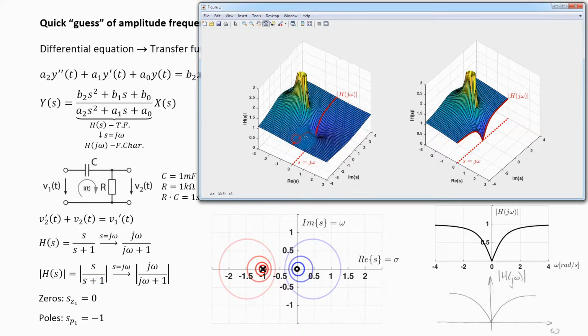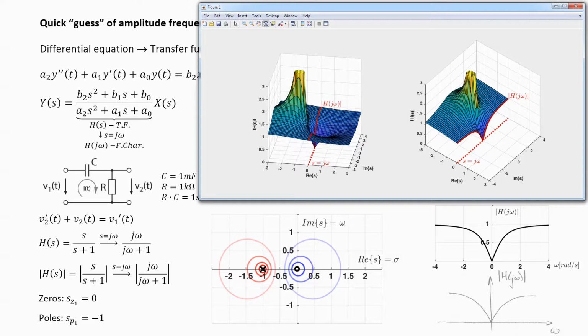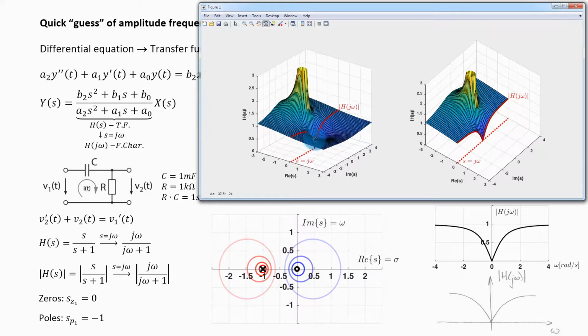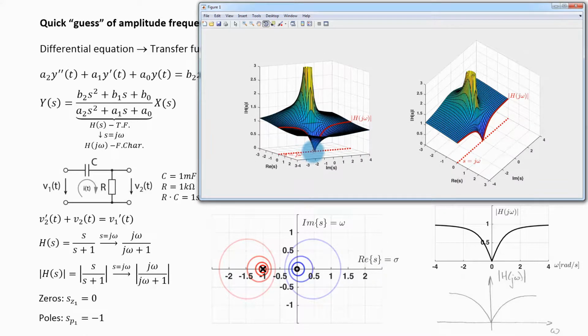You can nicely observe that here. Note that this is the point where the real part of s is equal to 0 and the imaginary part of s is equal to 0. So this is the point where s is equal to 0. And at this point, the transfer function is also 0 because it has a zero at this point.